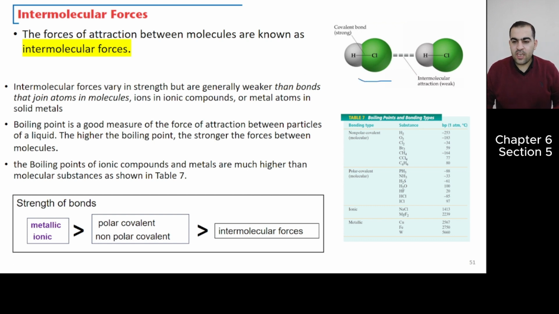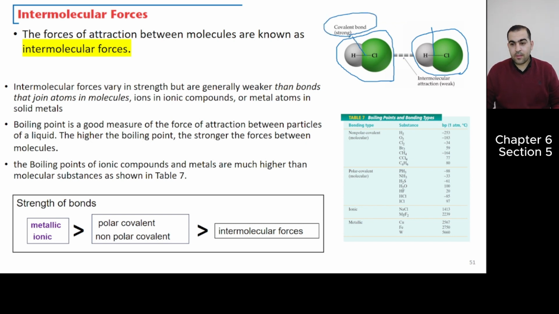Guys, if there is HCl, hydrogen chloride, or hydrochloric acid, again there are two molecules. Between hydrogen and chlorine, between atoms of a molecule, we have what? Look, a covalent bond.